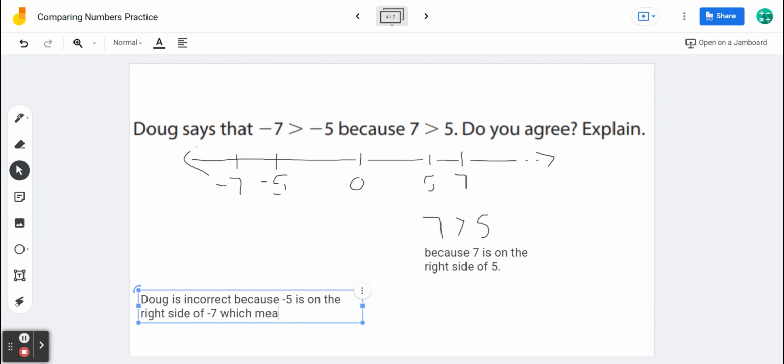Which means negative 5 is greater than negative 7. I forgot to put because on a number line. Because on a number line, negative 5 is to the right side of negative 7, which means negative 5 is greater than negative 7.